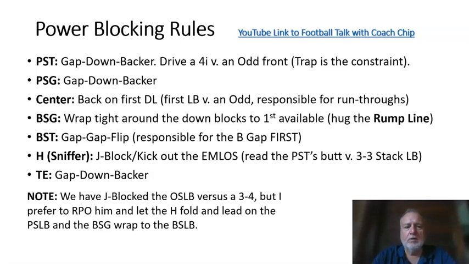The center's trying to shut down run-throughs, especially against an odd front or against an under front. On their way to the three tech in an under front, they're looking for run-throughs, so their eyes are on the backers. They're not looking where they're going. Their body is going to run into that three if that three is squeezing down the line or trying to chase that pulling guard. So the center is blocking back either on the first DL, or the first linebacker versus an odd front.